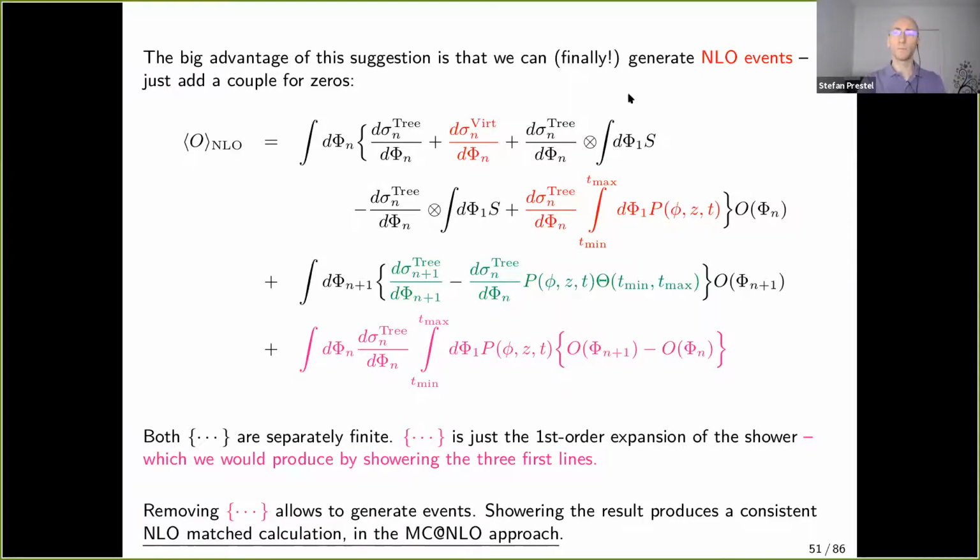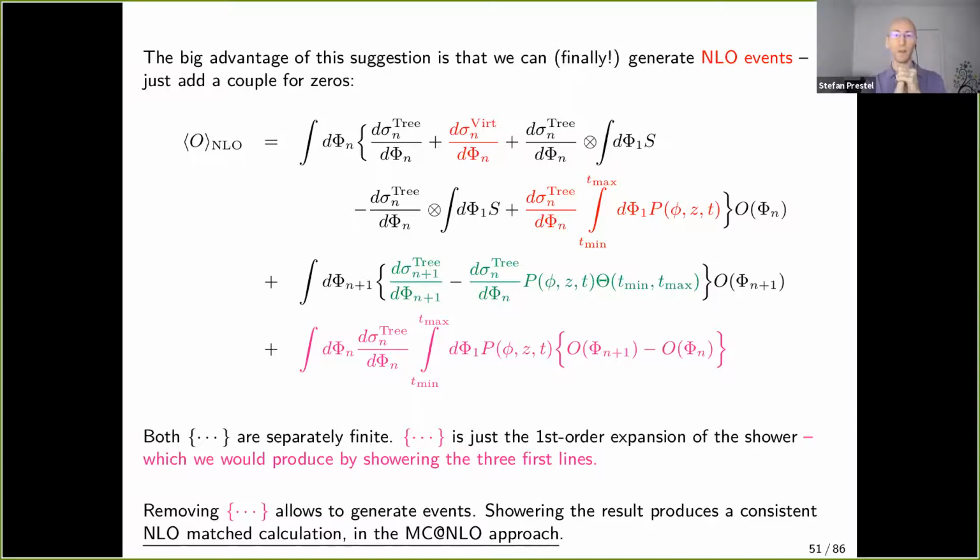Similarly, you've done that for the virtual corrections, where the virtual corrections themselves were regularized by the subtractions. You put the real emission subtractions into that same bucket and add the shower on top of it. Again, this cancels. These things are finite. Everything's finite. The only thing that is not finite is the last pink bit, because that again depends on different observables. So it would only be finite if the observables are infrared safe.